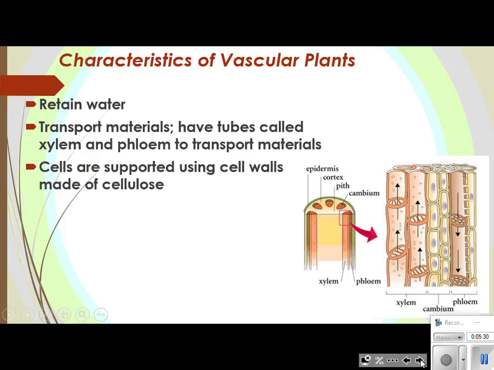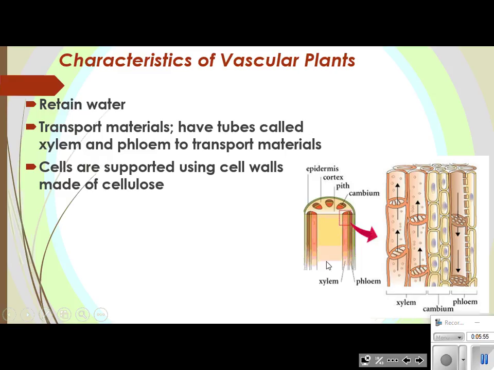Cells are supported using cell walls that are made of cellulose. The cell walls are made of cellulose. Let me backtrack a little bit here, because this is a picture of a stem.